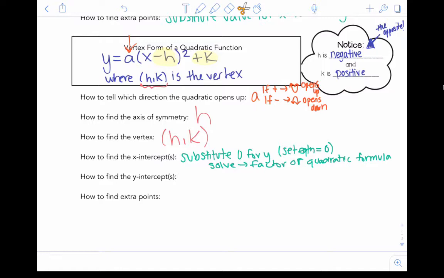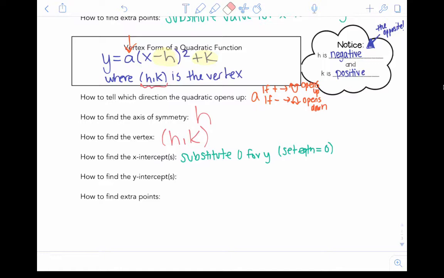Now our equation is in a different form though, so we're not going to factor or use the quadratic formula. Instead, we're going to solve it in the same way that we solved equations in Unit 1. And we'll do an example on the back of your note sheet in just a minute.